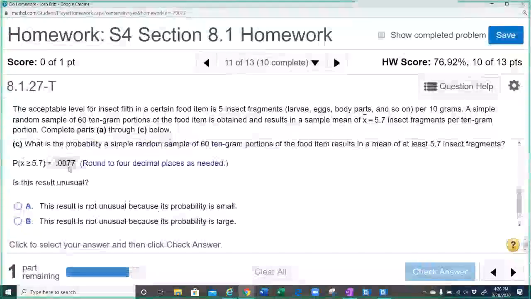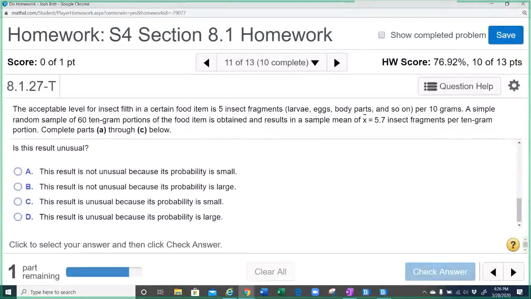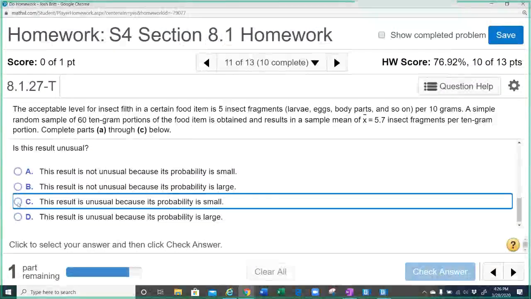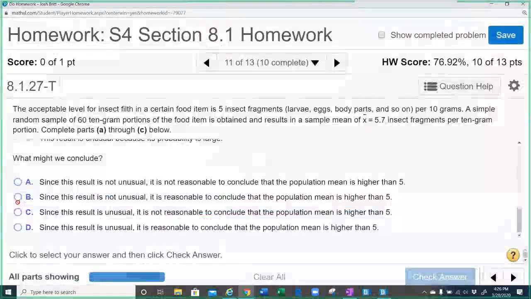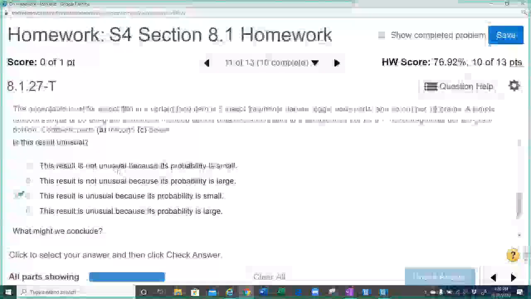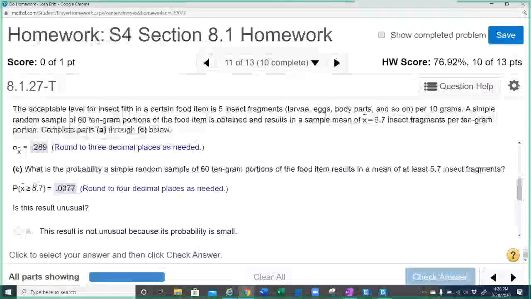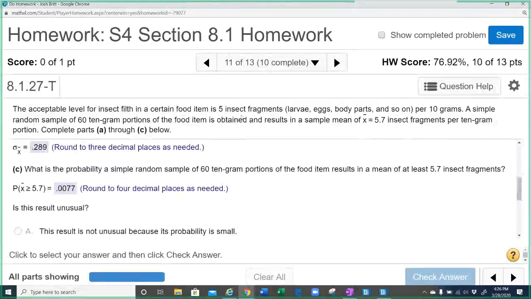And this is unusual, less than 5%. So this result is unusual because the probability is somewhat small. And what might you conclude? Well, the probability is quite small, which means that getting this average under the assumption that the true average is 5 is not likely.